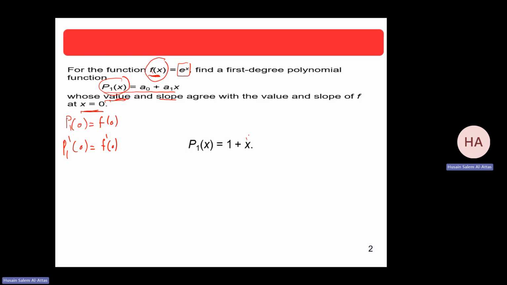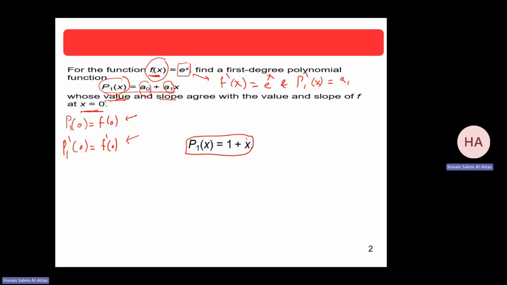By the way, this will be the answer. So, okay. Now, it means I need to find A0 and A1 where P1 satisfies these two conditions. So it will be f prime of x. What will be P1 prime?